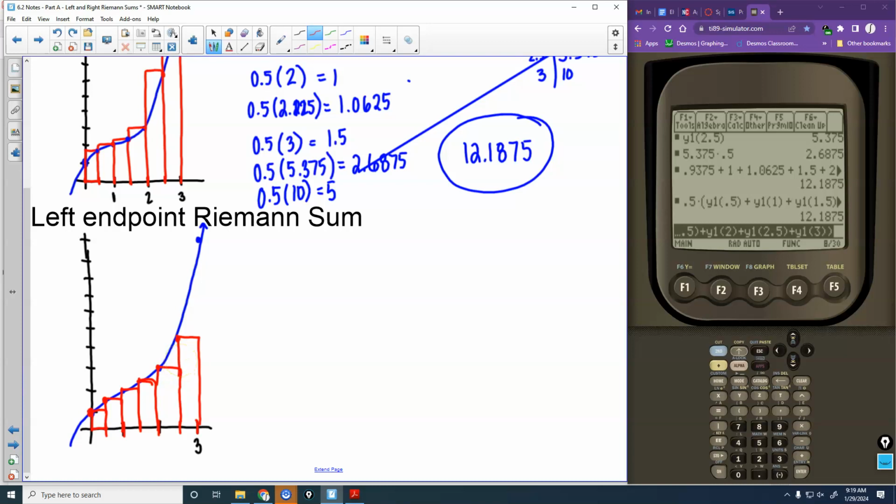Right here. This is going to be an overestimate or an underestimate. Under by quite a bit, right? It's not a great estimate, but it's under. Okay, what is the width of every interval here? 0.5, right? So instead of doing what we did last time, where we found each individual rectangle, let's put our 0.5 out front. That's our width.